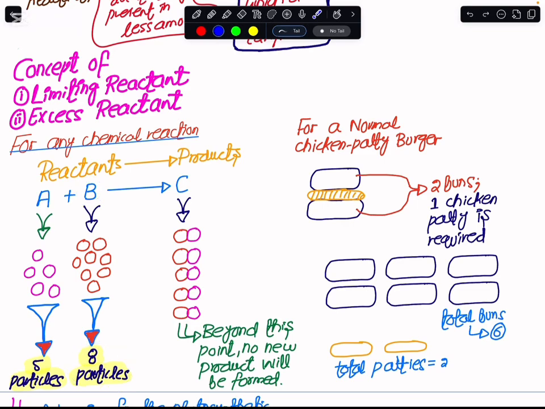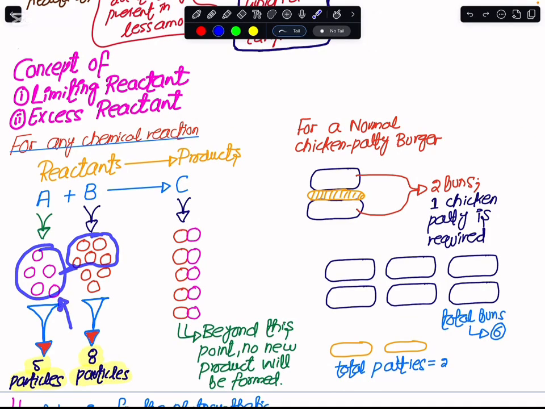Now, the situation is that A would collide with B and we would make a product C out of it. So you see that when the A particles keep on colliding with the B reactant, ultimately, when 5 of the A collide with 5 of the B, at this point the chemical reaction would stop. Why?